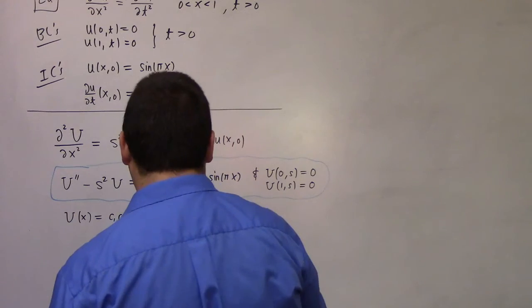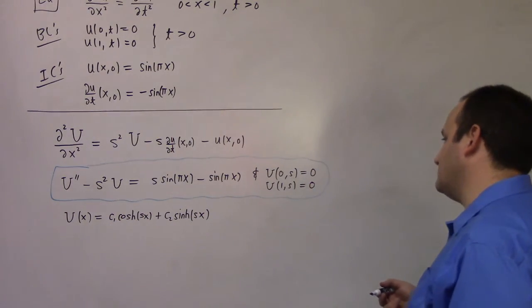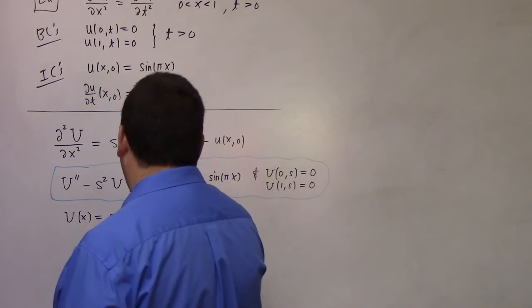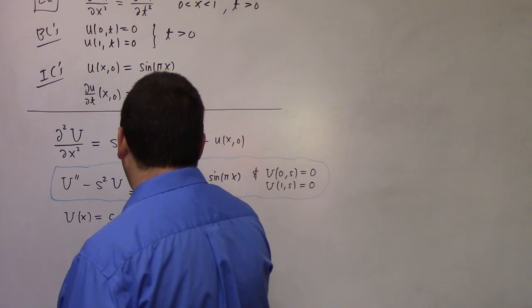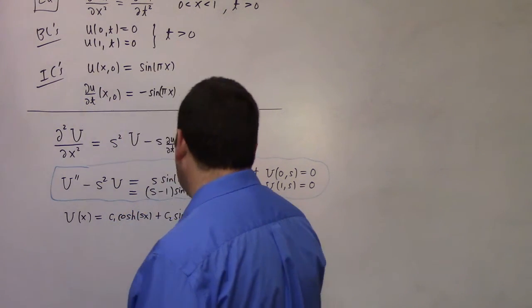And then the particular solution, whatever that is. Why don't I be a civilized human being and write this as s minus 1 times the sine of pi x.